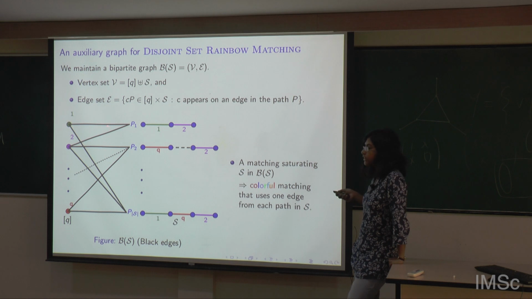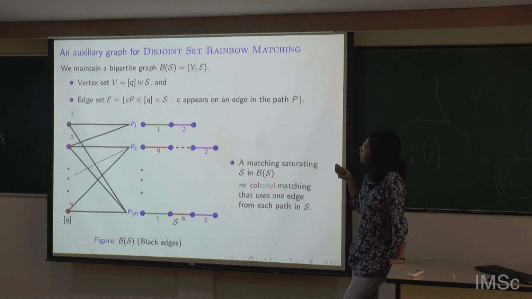How do you get that? If I take a matching saturating S, whichever color a path is matched to, you pick that colored edge from it. That gives you a matching because these paths are vertex disjoint. So you get a colorful matching which satisfies the constraint.